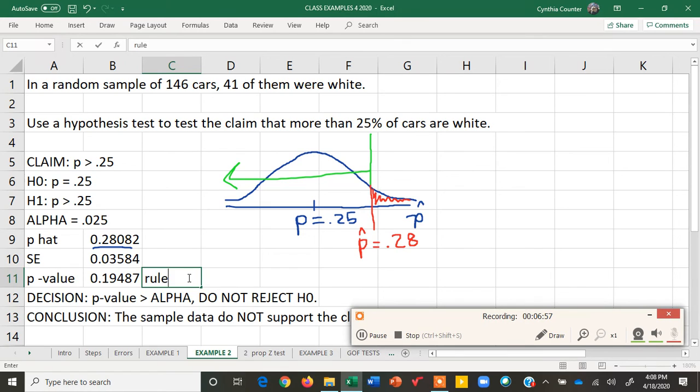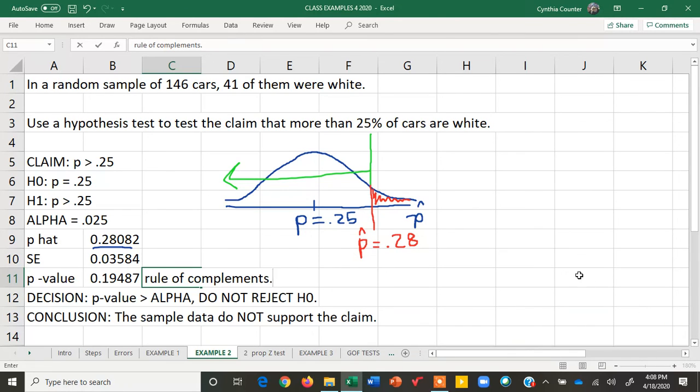So the 1 minus was an example of using the rule of complements. All right, so that was an example of a greater than problem.